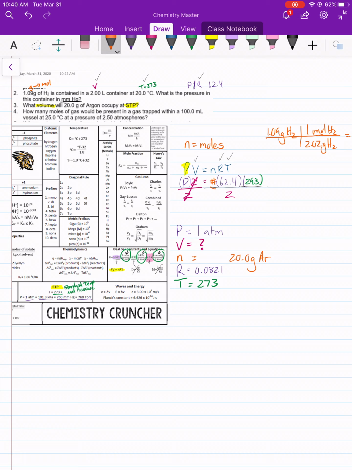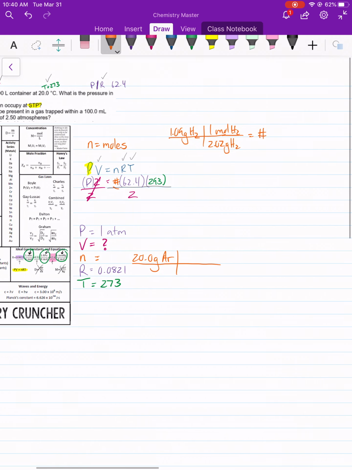Get my Chem Cruncher here. 20 grams of argon. Argon is 39.95 grams. It's equal to 1 mole. So that is equal to 20 divided by 39.95. Half a mole, 0.500 moles.